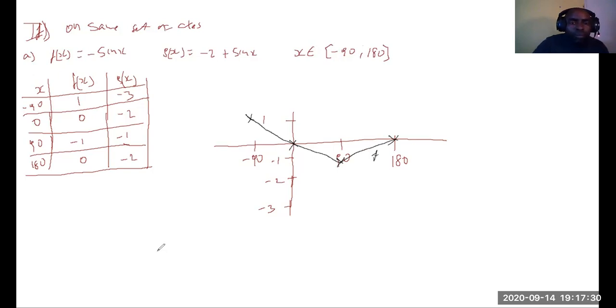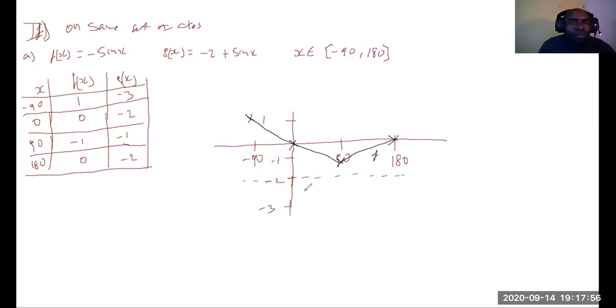And then you can use a blue for G. G, we have shifted it 2 units down. So where do we have a negative 2?